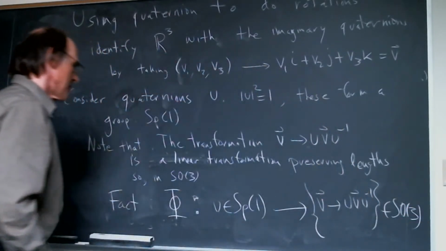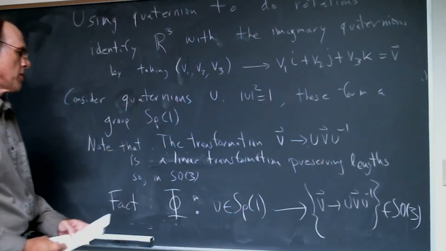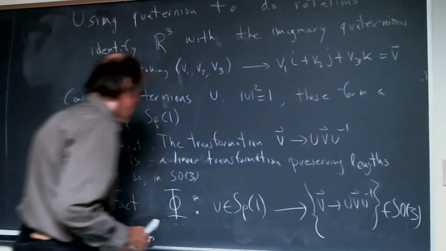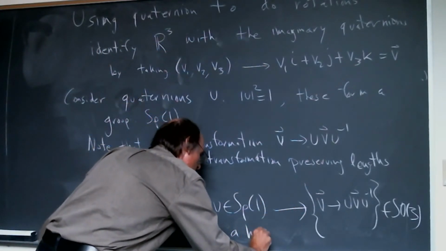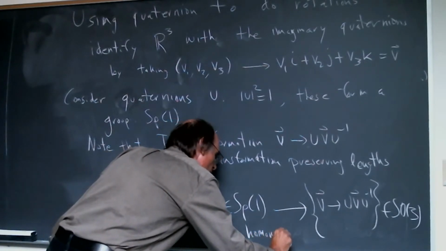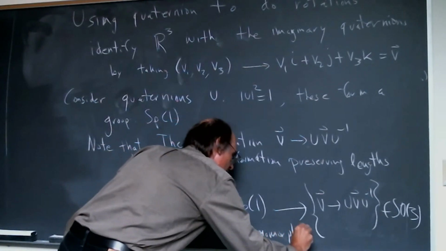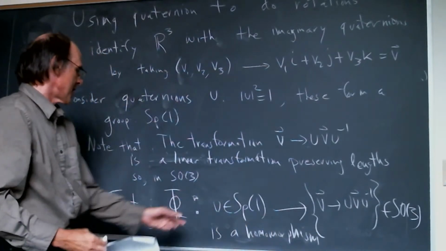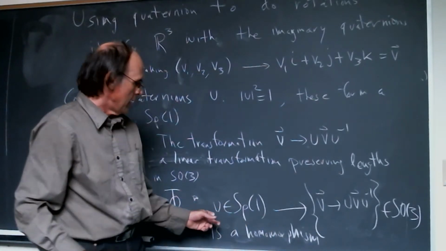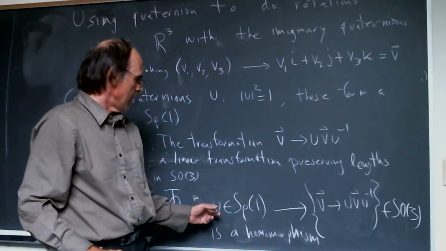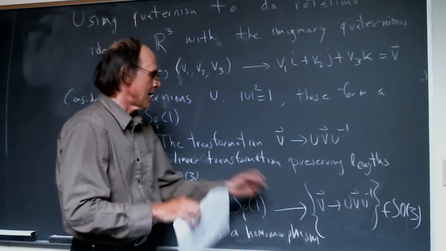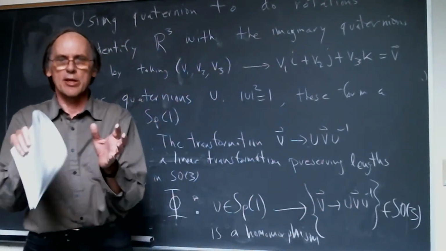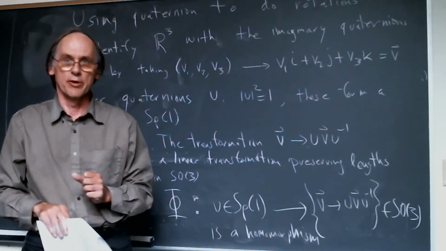What you could check is that this is a homomorphism. What this means is, if I do this for U1 and I do it for U2, I get the same rotation as I would get if I did it for U1 times U2.